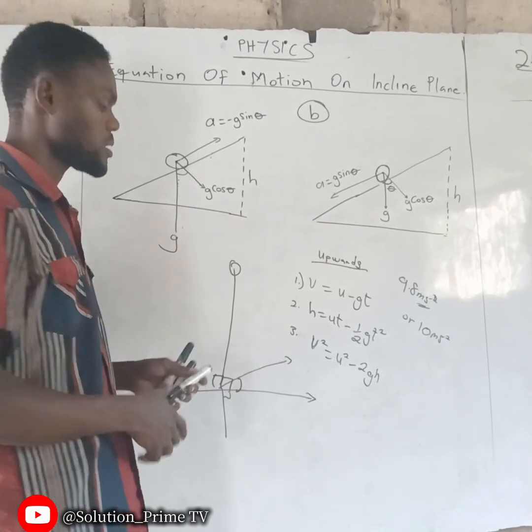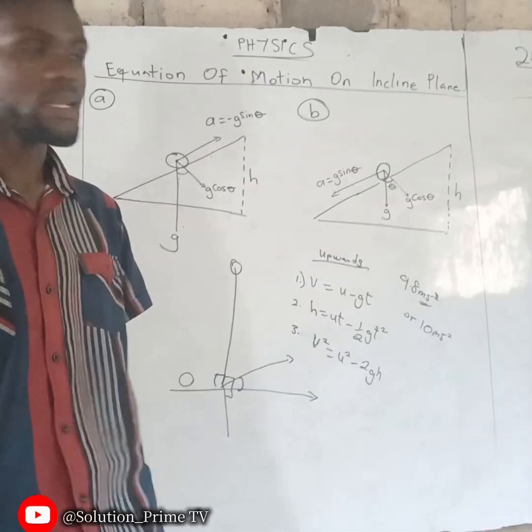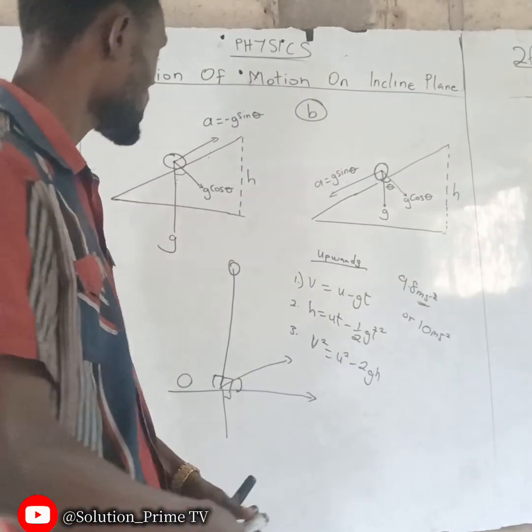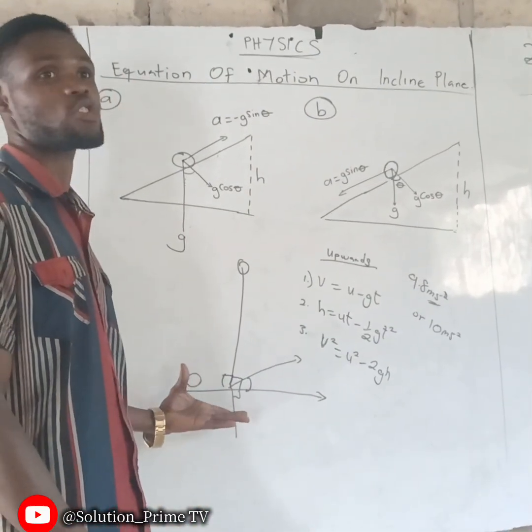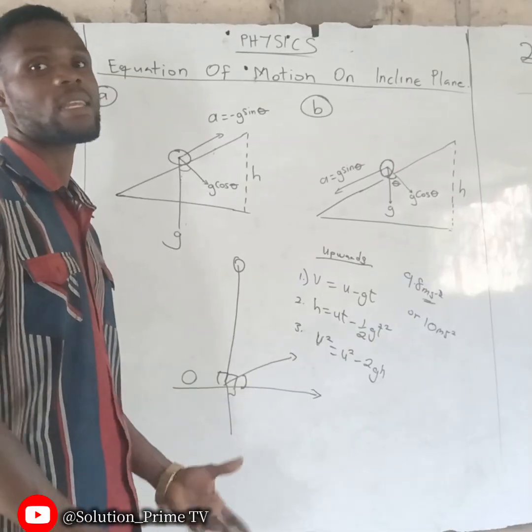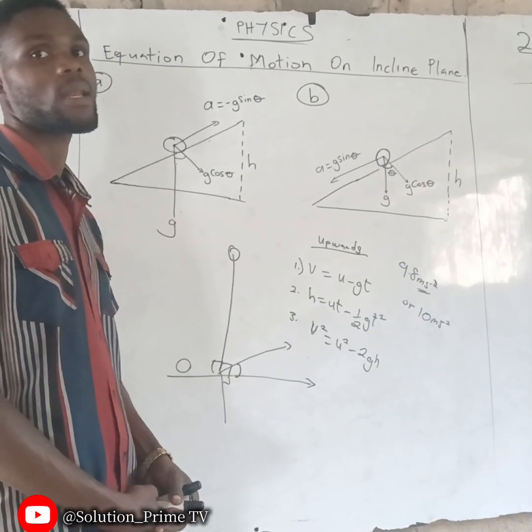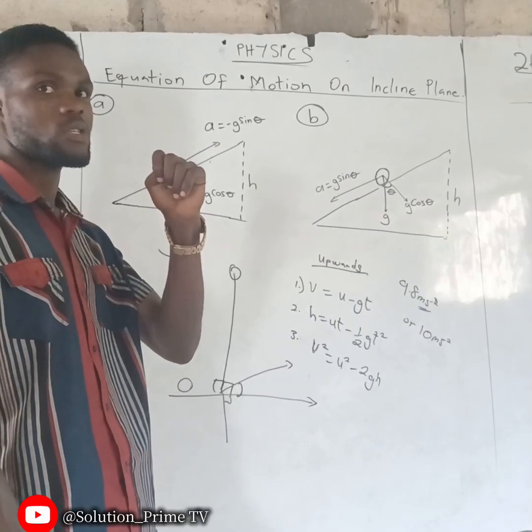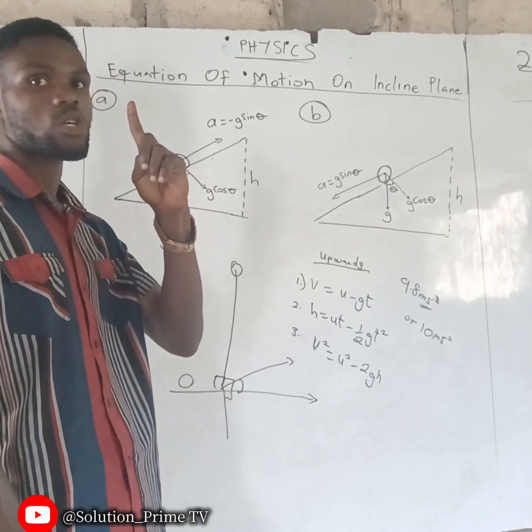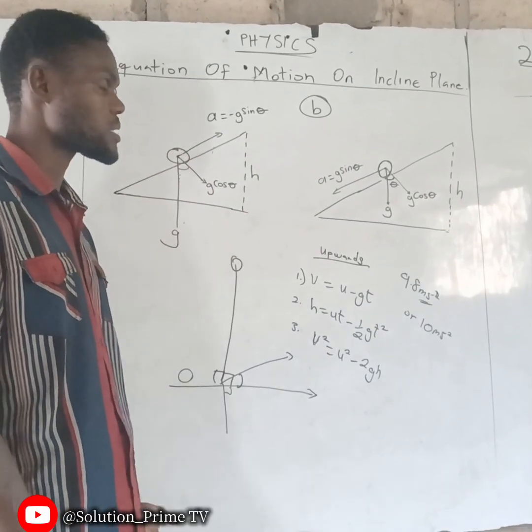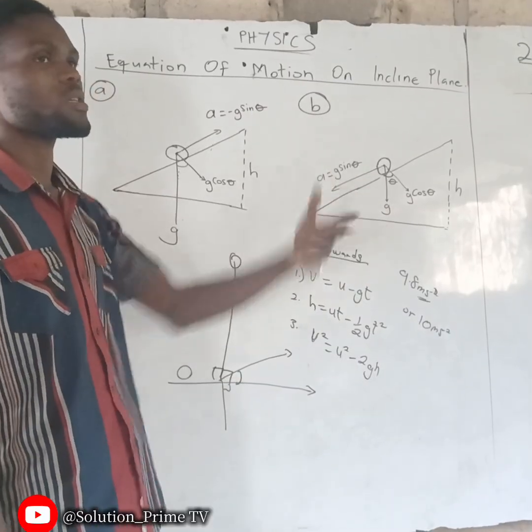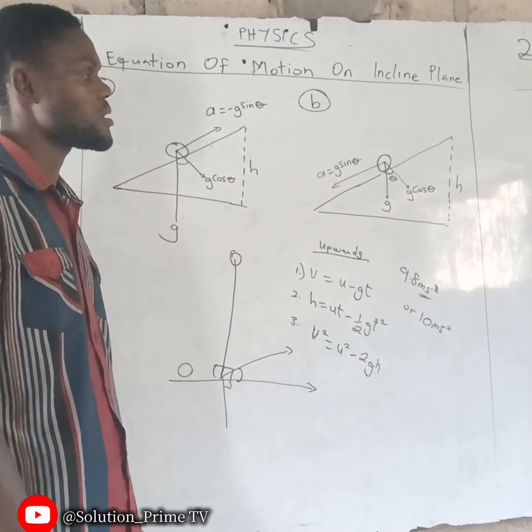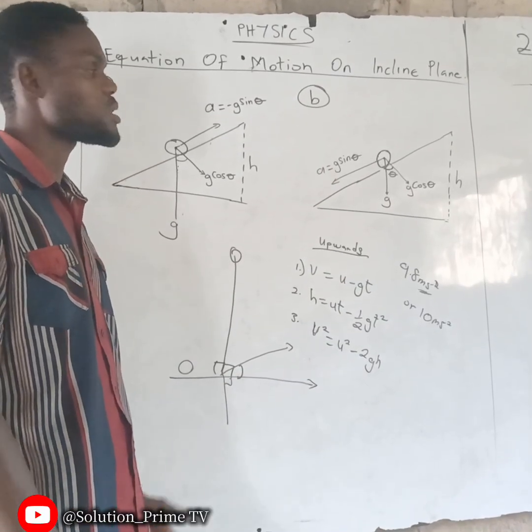If it is 90, sine 90 is 1, and cos 90 is 0.